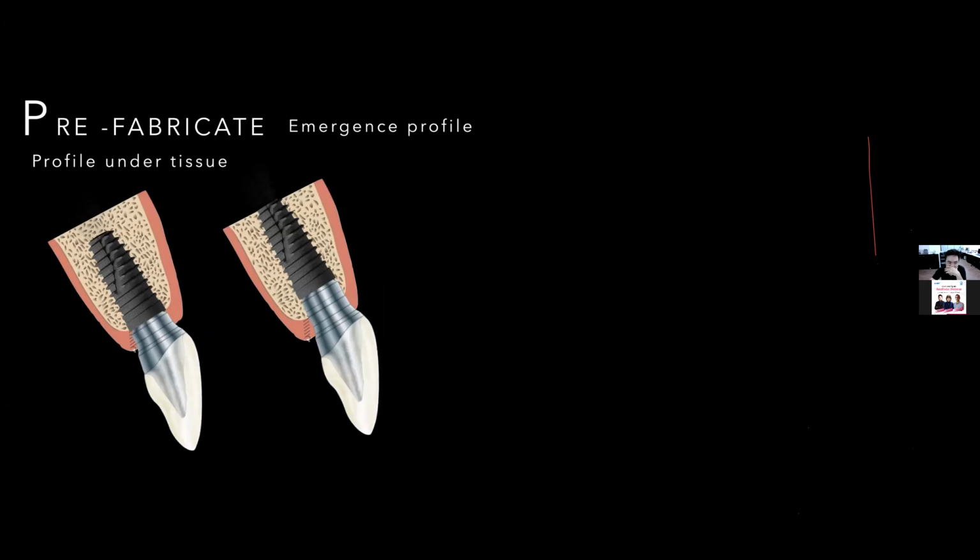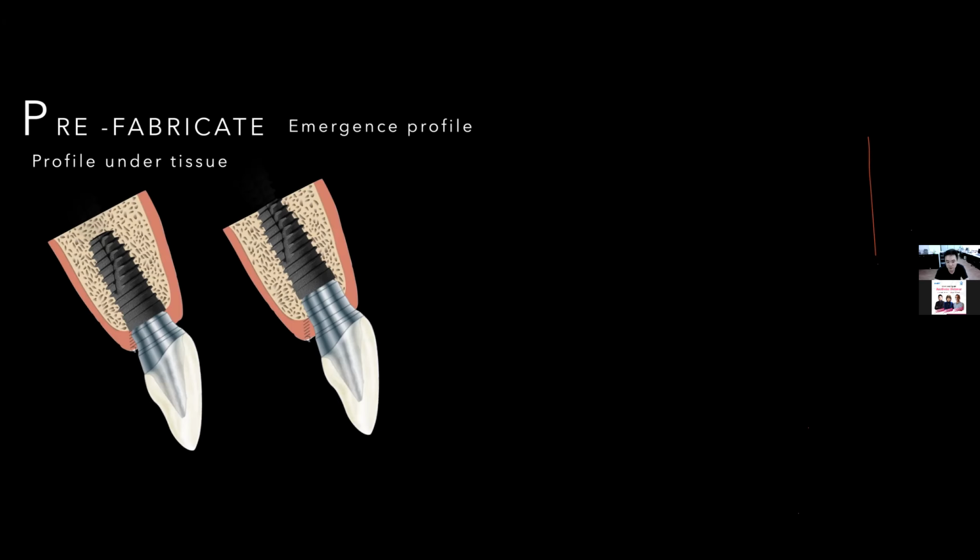And I say the emergence profile is the interesting part of the custom abutment, and the second point is that we need to think about and consider the profile under the tissue. Why? If the dentist places the implant fixture in a very nice, good position, it is easy for the technician to finish and make the restoration.